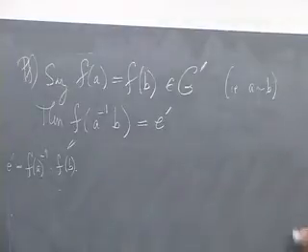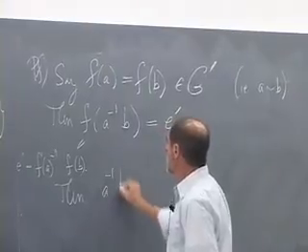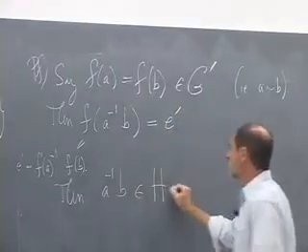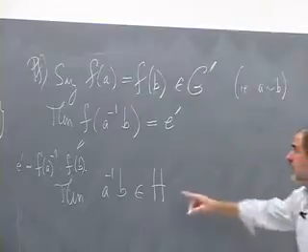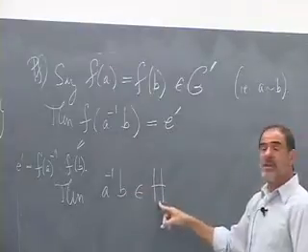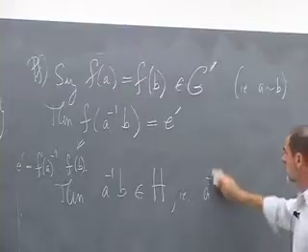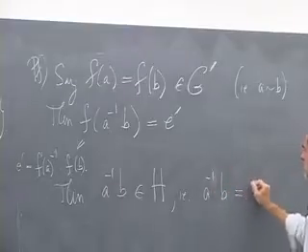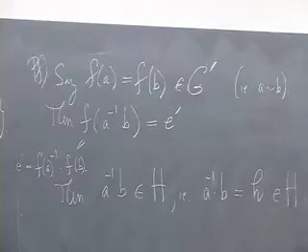Now that means A inverse B is an element in H. It's an element such that f takes it to the identity, so it's an element in the kernel, i.e., A inverse B is equal to some element H which lies in the kernel.